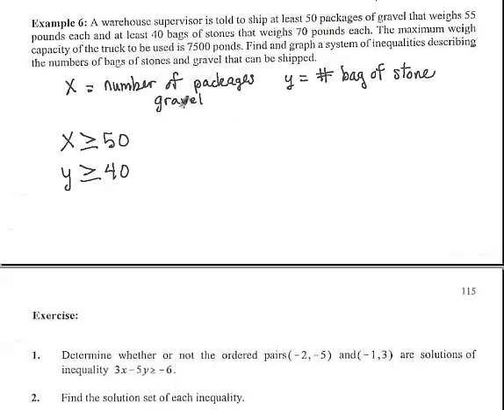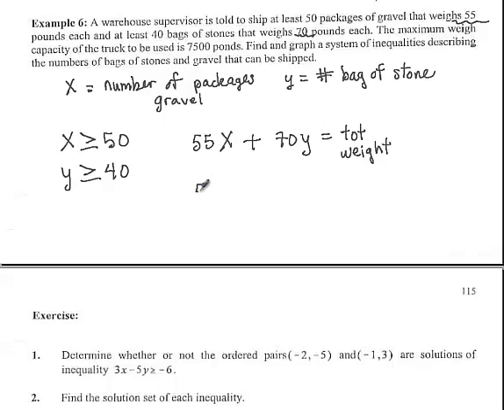Well, we would take the number of bags of gravel, and it said that we have a weight of 55 pounds per bag, so 55 times X would be the weight of the gravel, and then we have stone that weighs 70 pounds each, and so 70 pounds times Y, the number of bags of stone, would equal the total weight, and it said this has to be less than 7,500 pounds.